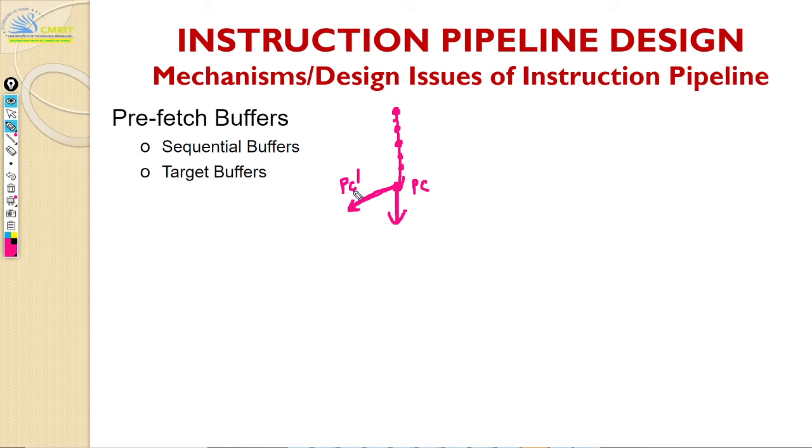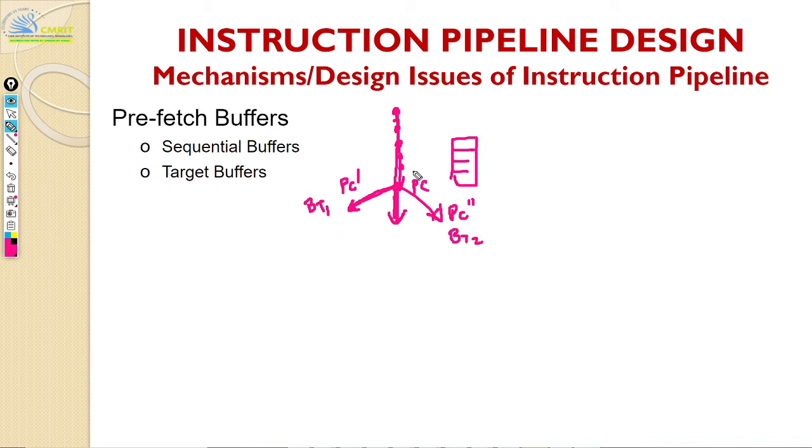That new branch address is called the branch target address. You're going to store in a buffer all the possible branch targets. The sequential buffer just stores instructions in sequence, but for branch targets, let us say you have one more branch like this, giving another branch target address.